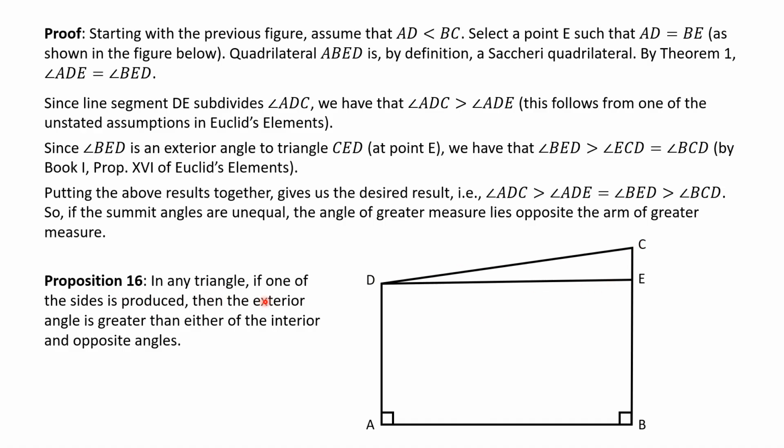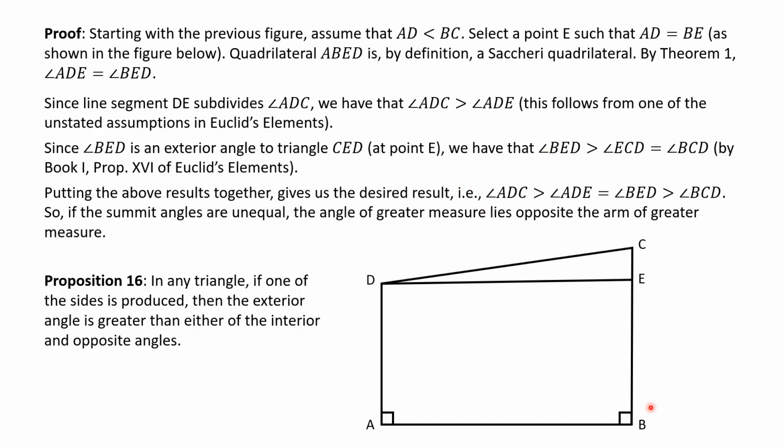The exterior angle they're talking about here is the angle DEB. What this proposition says is that this angle is bigger than either of the opposite interior angles. So DEB is greater than ECD, and it's also greater than CDE, but we don't need that part.